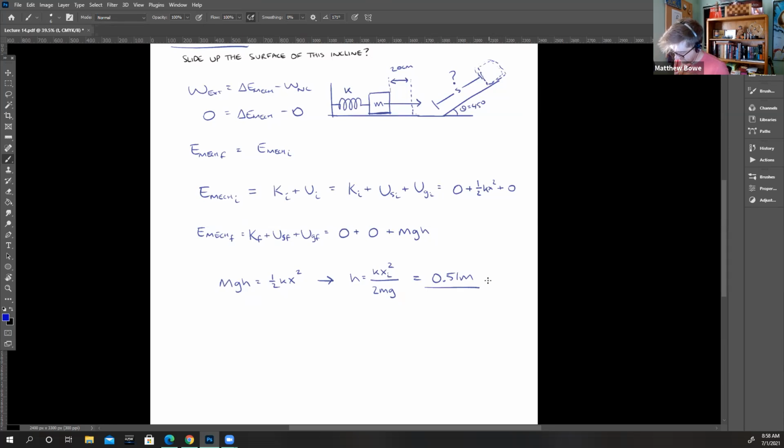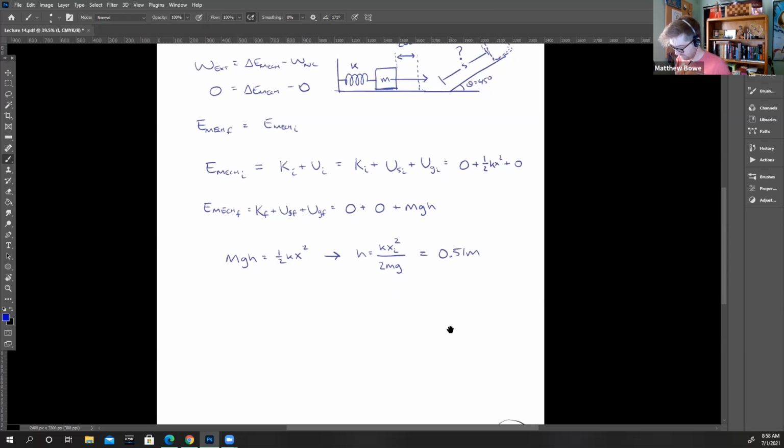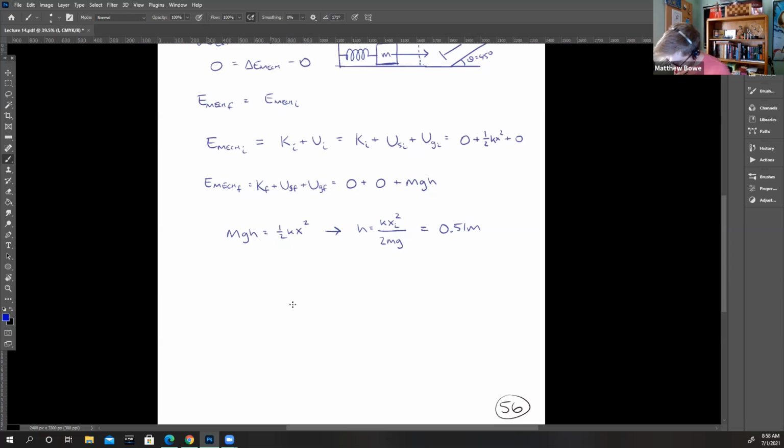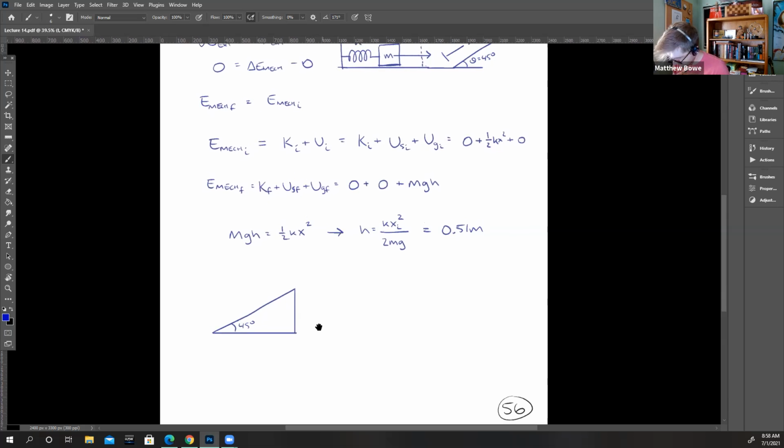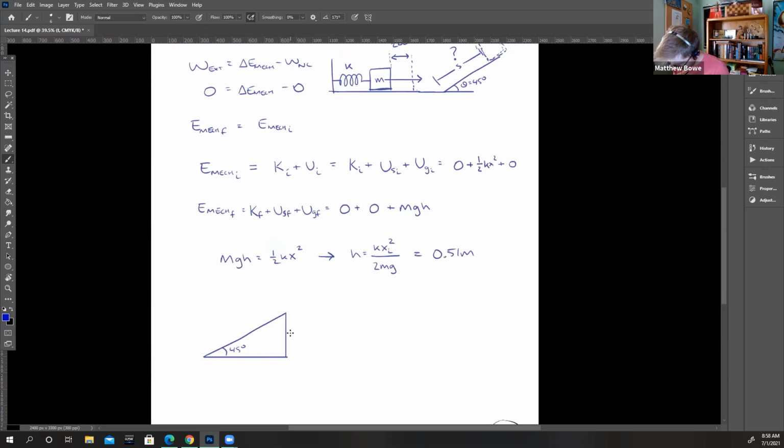Well, the reason that we solved for the height is now we have this really nice triangle that we can solve for. Let me just look at the ramp section now. Okay. So we have that angle, and now we have a height.